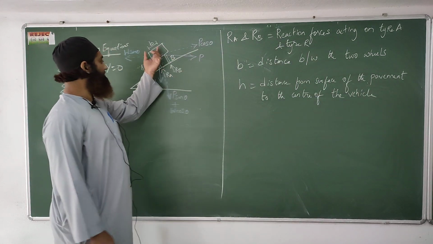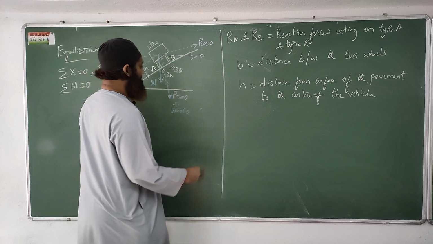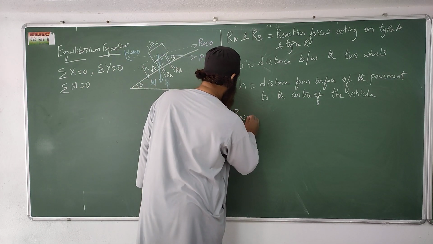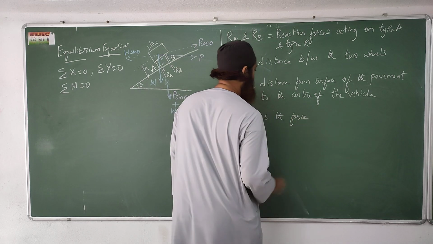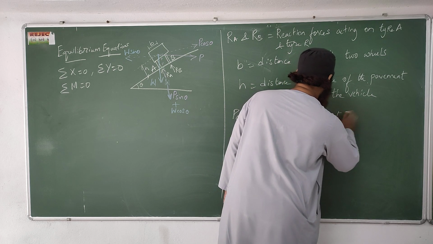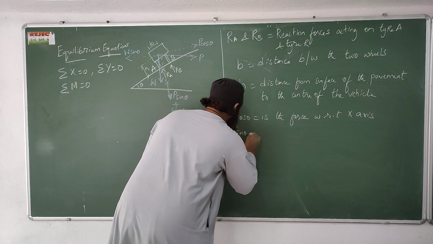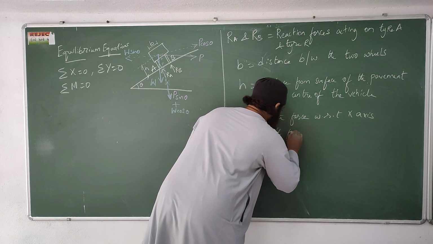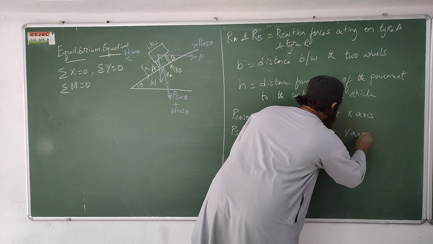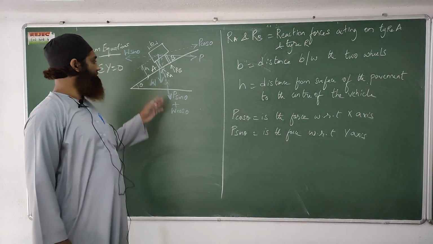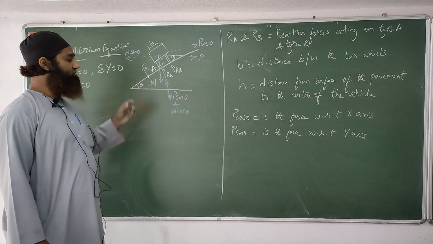B is the distance between the tires, H is the distance from the surface of the pavement to the center of the vehicle, and P cos theta is the force with respect to the x-axis, and P sin theta is the force with respect to the y-axis. I have resolved that centrifugal force P into P cos theta and P sin theta. And W is the weight of the vehicle.